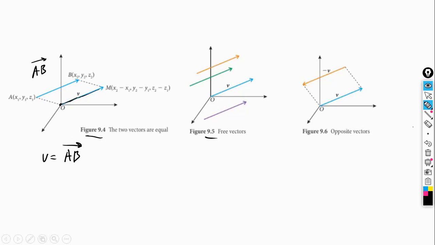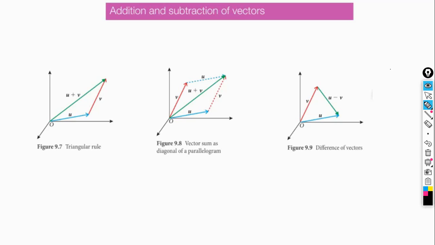Two vectors are said to be opposite, as you can see here in figure 9.6, if they have the same modulus, but opposite direction. So notice that this would be vector v, and this is vector minus v, with equal modulus or magnitude, but opposite direction. Next, we're going to take a look at addition and subtraction of vectors.